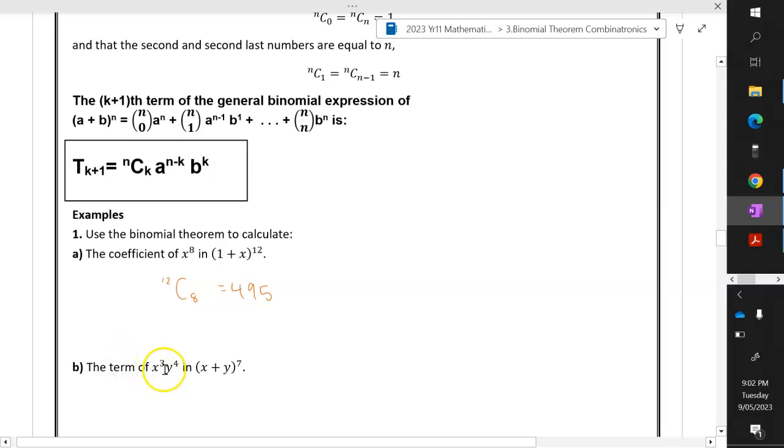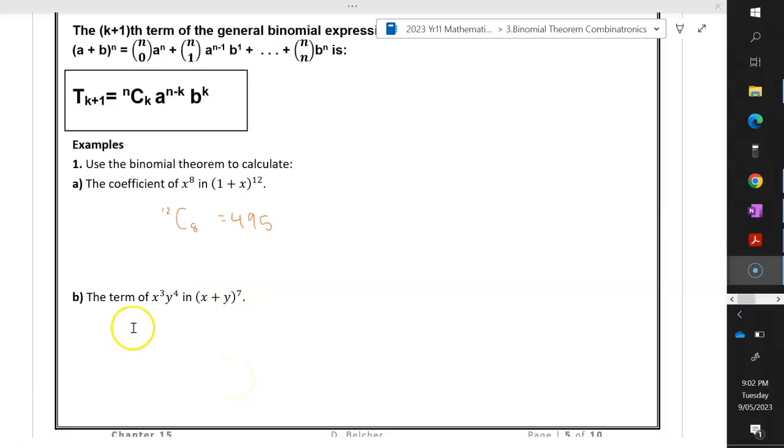So the term of x to the 3 y to the 4 in (x plus y) to the 7. This one's looking for not just the coefficient but the term. So if we move along in the same way where we're starting with the highest power in the first position, here in the formula it's a and that's moving down. We've got y and x.